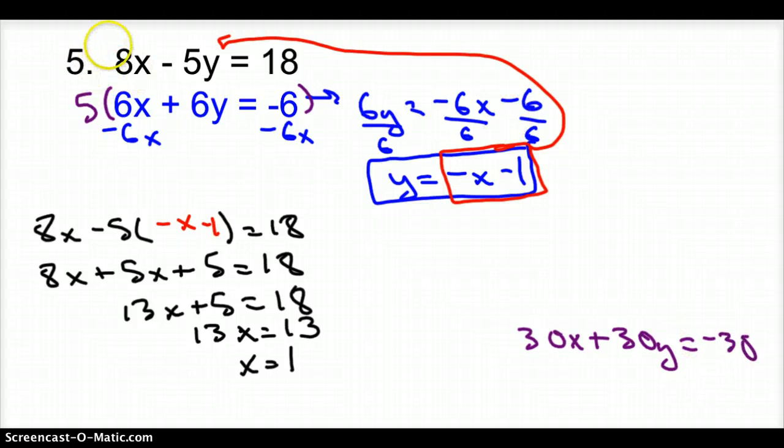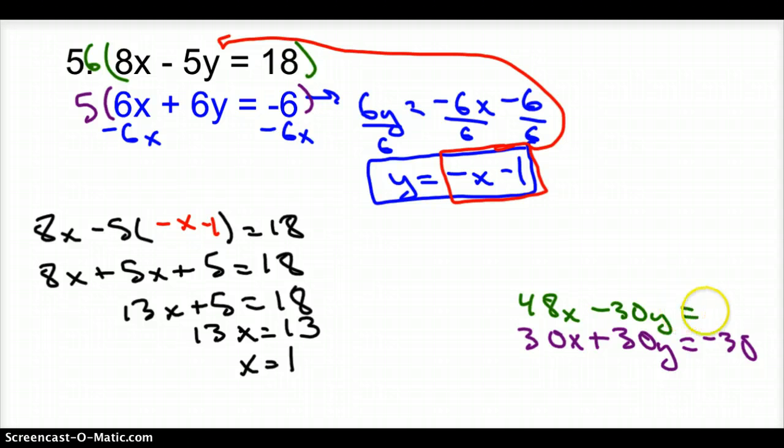What would I have to multiply the top by? So is there a way that I can turn that 5 into a 30? Yes, there is. I would just have to multiply by 6. So I would come up with 48x minus 30y equals, and then 6 times 18 is a grand total of 108, I believe.